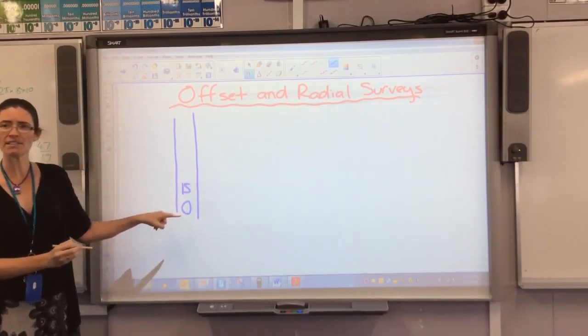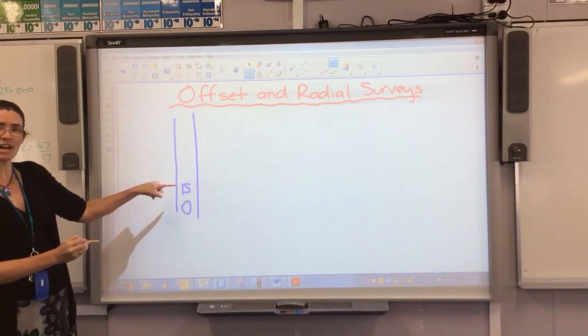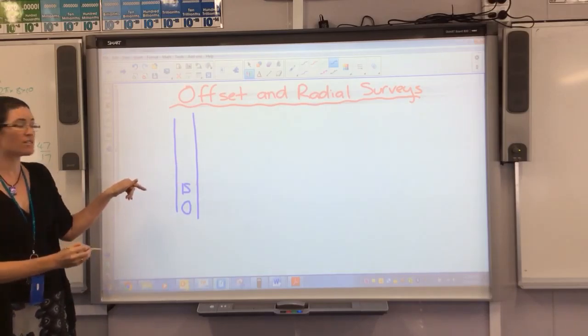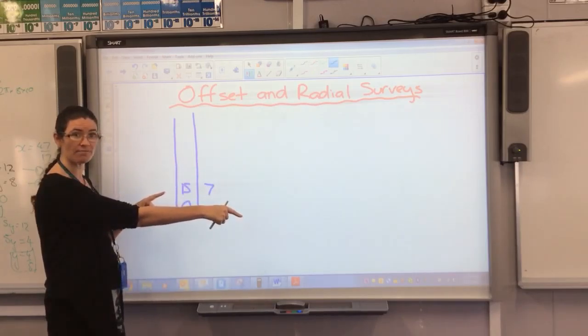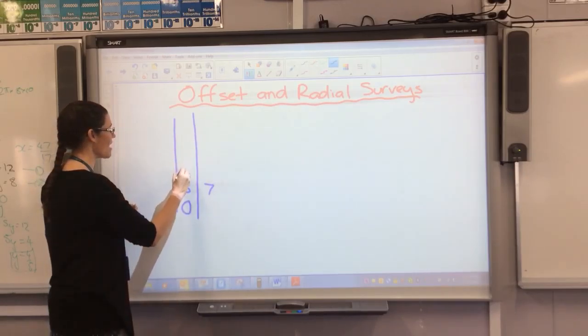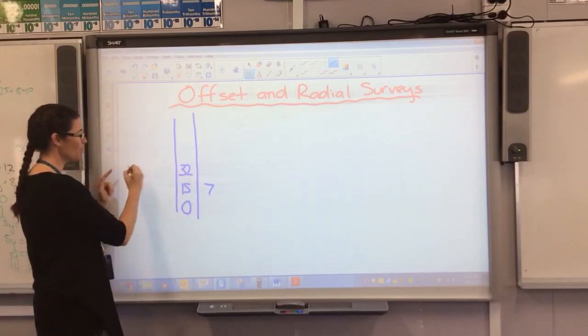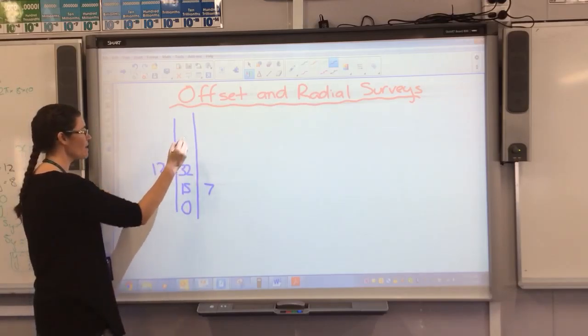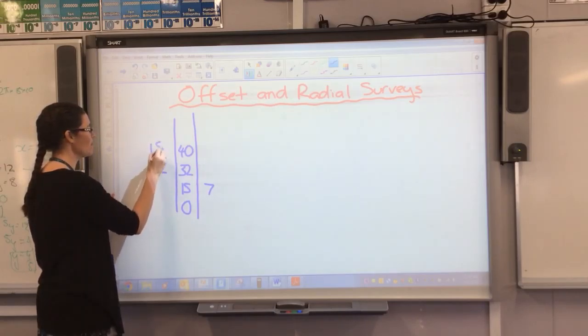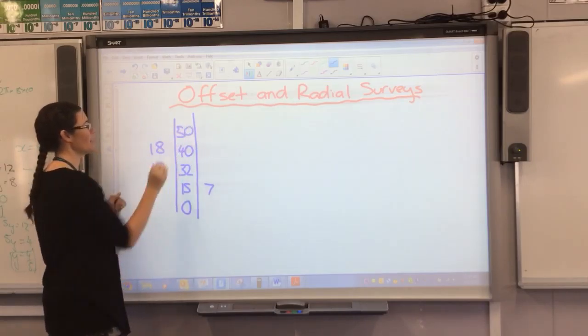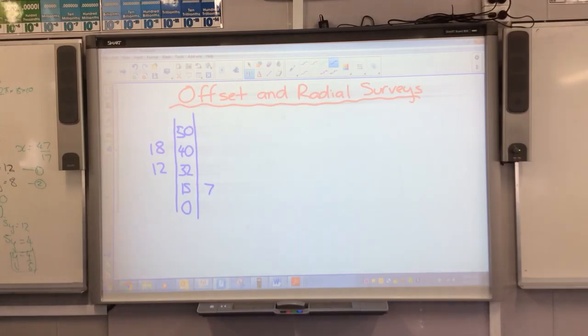And what that meant is that 15 metres across the diagonal, there was a corner to one side. For example, it might say there was a corner 7 metres over here. Then it might say 32, and there was a corner over here 12 metres away. At 40, there might have been a corner over here 18 metres away, and then the block of land ended at 50. We need to be able to convert that into a diagram.